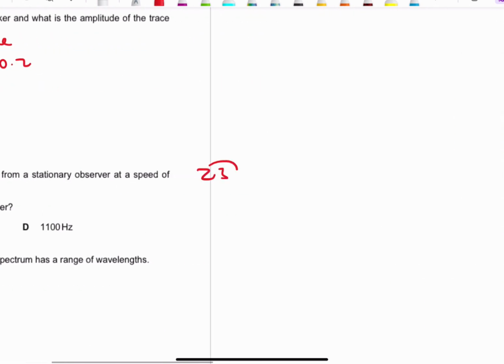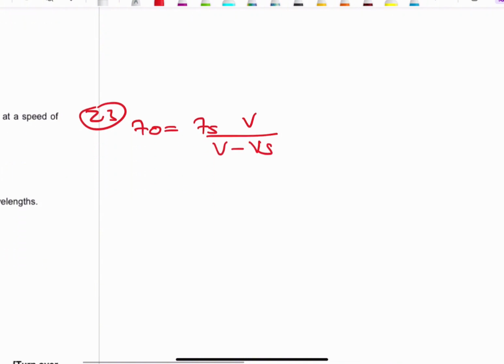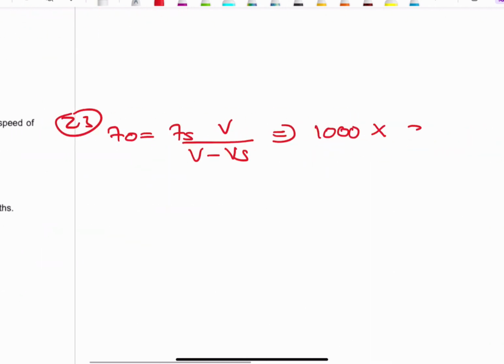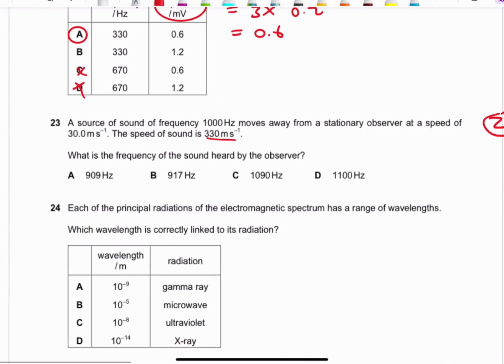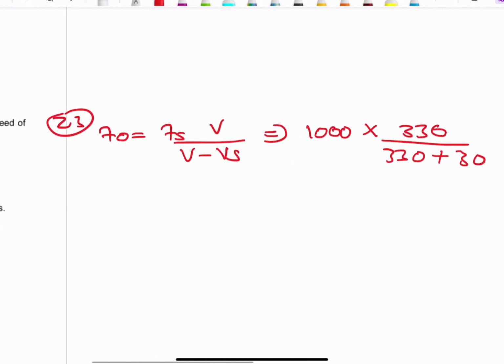So for question 23, the observed frequency is going to be that frequency times V over V minus Vs, right? So what is our initial frequency? 1000, okay? And the speed of sound is actually 330, divided by 330 plus 30. With Doppler effect, we've been told that it moves away. So you just need to understand these two things.